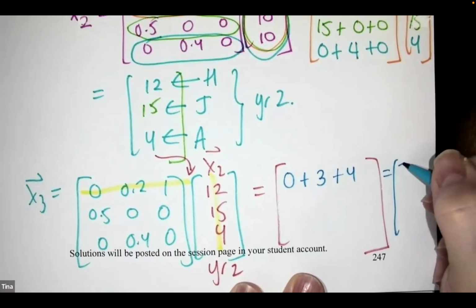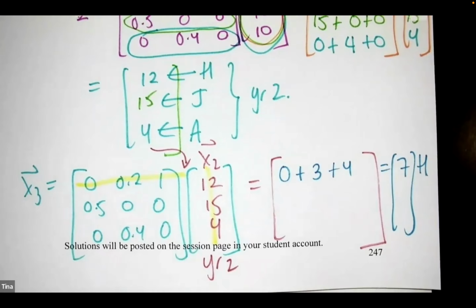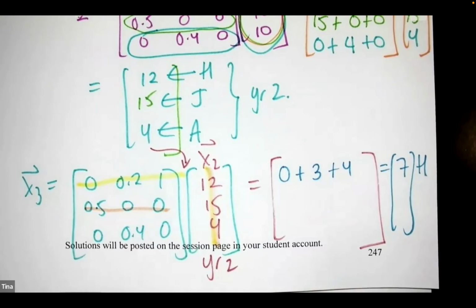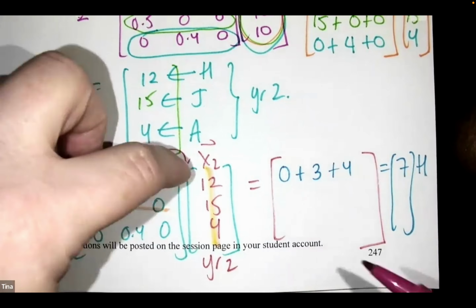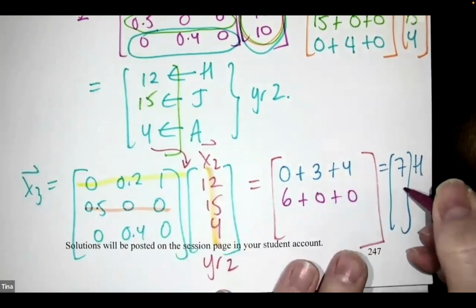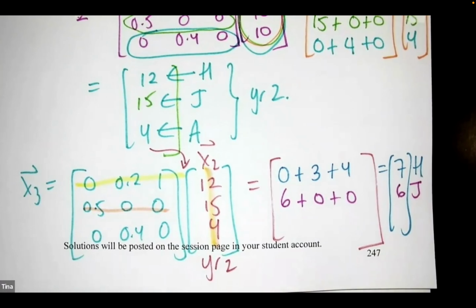So that's going to be a total of 7 hatchlings. The middle one's all zeros except for 1, so that's nice. So a half times 12, half of 12 is 6, plus 0 times anything plus 0 times anything. So that's juveniles.